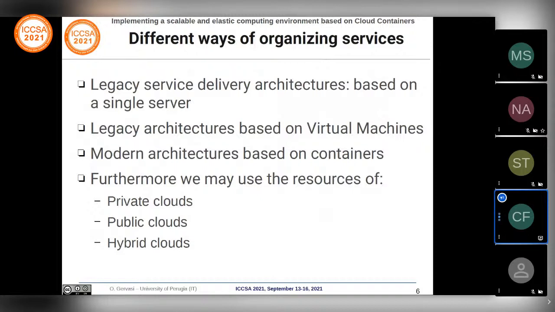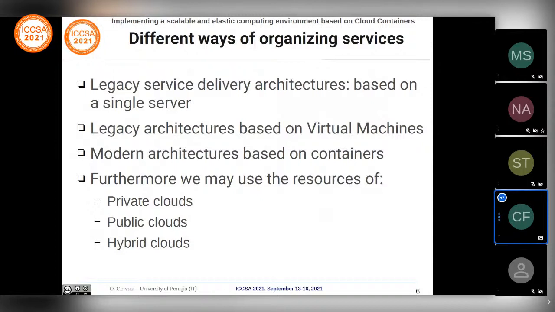That means that you can change the server. You may adopt a new server with more powerful CPUs, more storage, and so on, but you cannot scale horizontally. Scaling horizontally means that if at this moment I have 10 clients, I can serve them with only one instance.